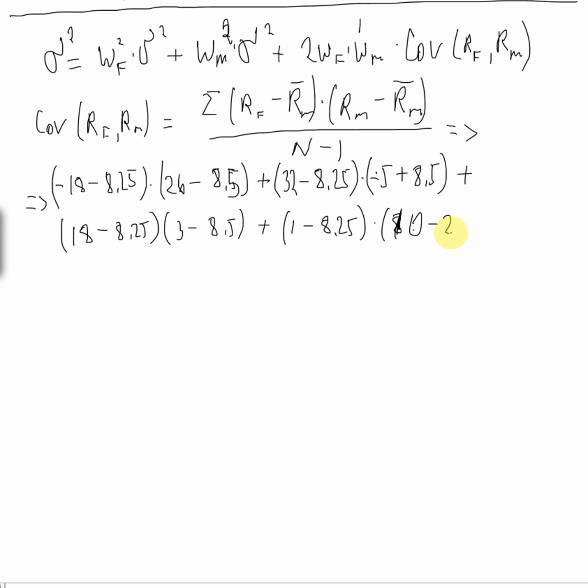Altogether, once you sum up, divide by n minus 1, so that's 4.